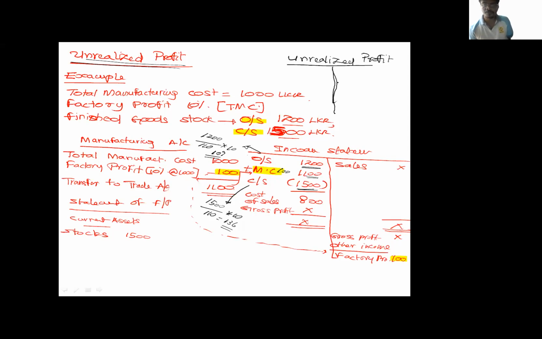So in the unrealized profit account, we are having an opening balance brought forward 109.